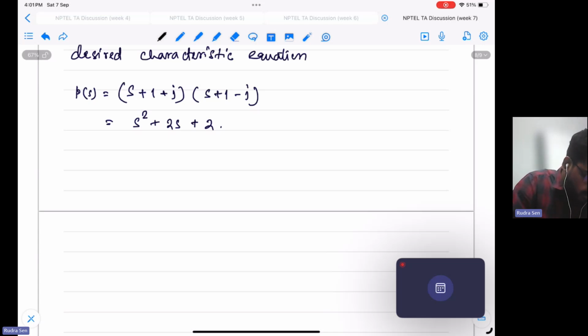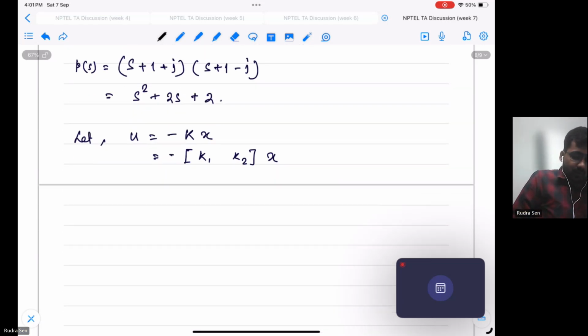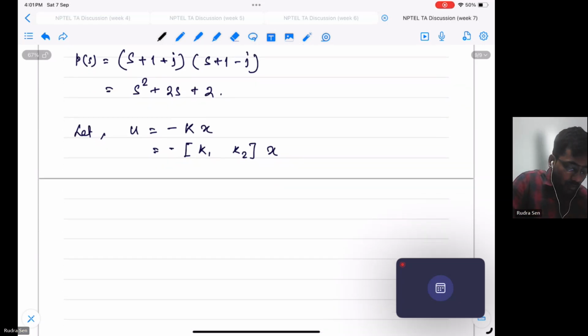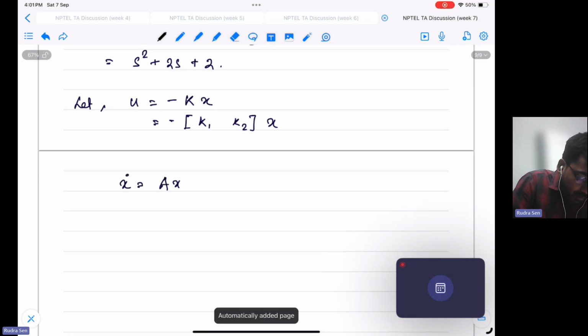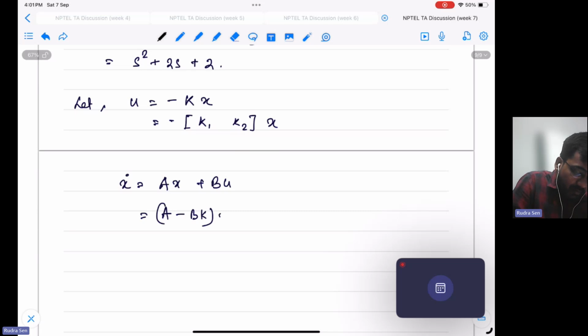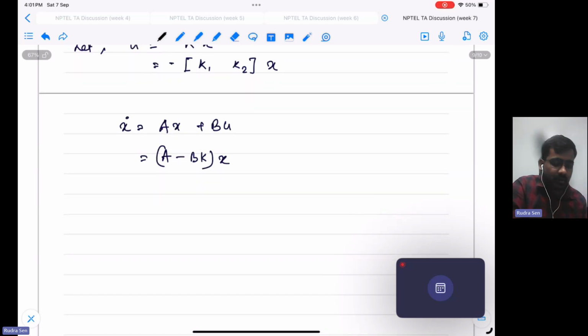There are other procedures. In the first procedure, let u equal minus Kx. What is K? This is basically K1 and K2, times x. So what is my closed loop equation? x dot equals Ax plus Bu. Now I have Ax minus BKx, that means (A minus BK) times x. This is my closed loop system. So what is A minus BK?